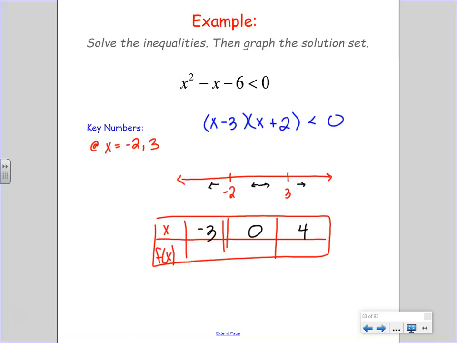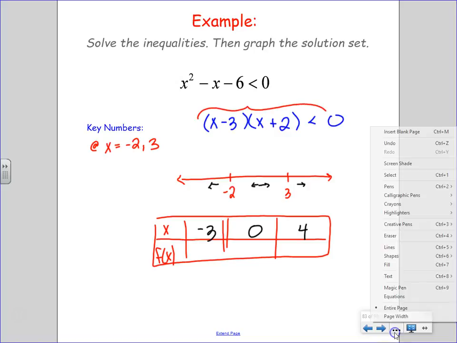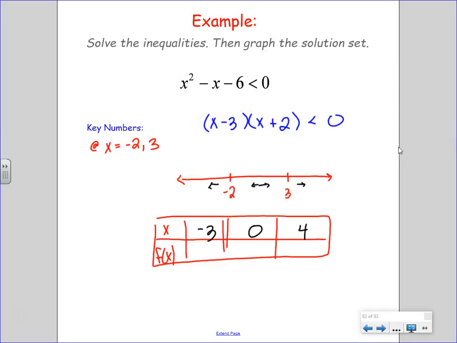Now at this point, all we have to do is plug into our function. Wait, what's our function? Our function is basically our entire inequality statement. So we're plugging into our inequality and asking ourselves the question, true or false?